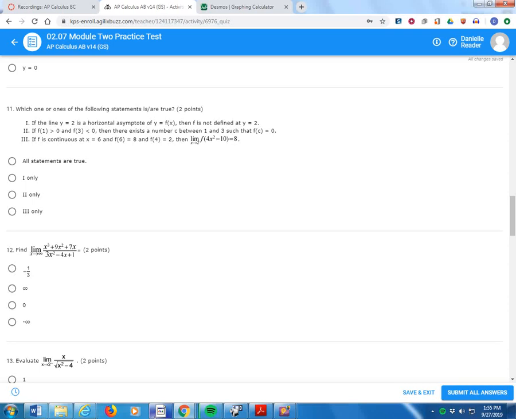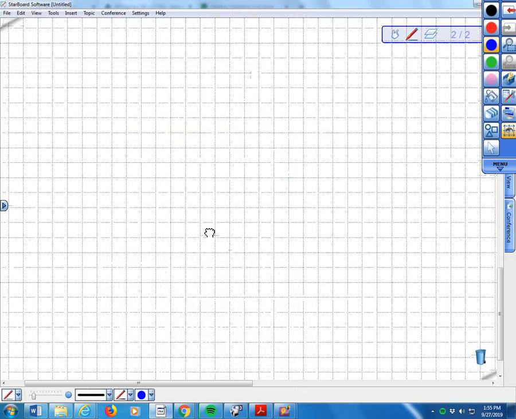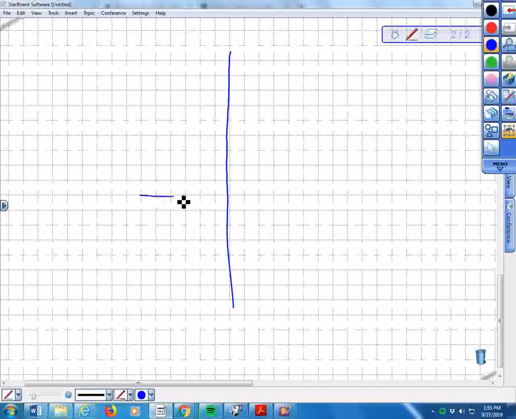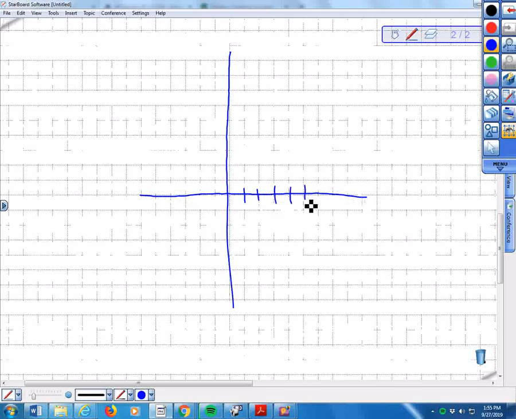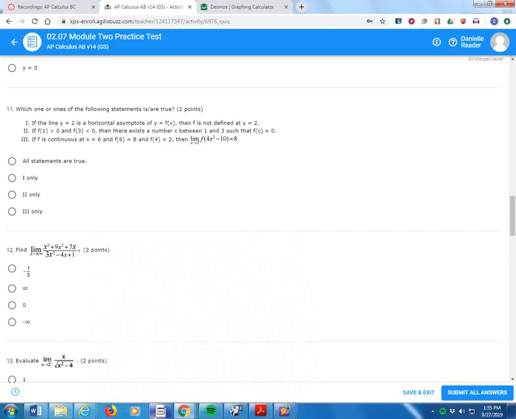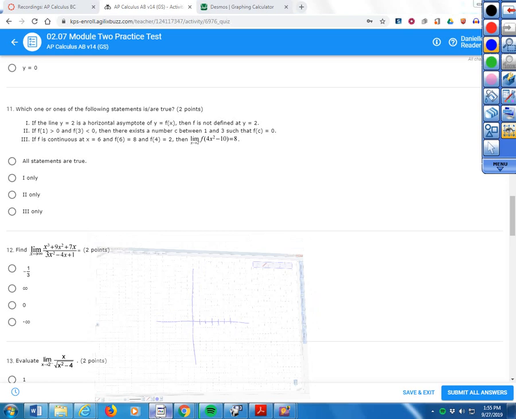If f is continuous at x equals 6, and f of 6 is 8, and f of 4 is 2, then the limit as x approaches 2 of this function has to be 8. If f of x is continuous at x equals 6, okay, so there's some function, 1, 2, 3, 4, 5, 6, and it's continuous, and it actually equals 8 at that point.